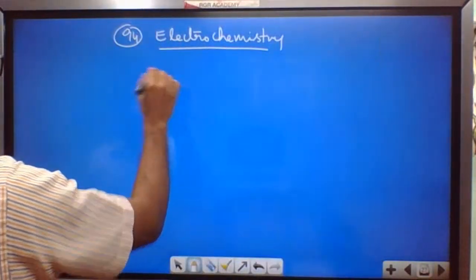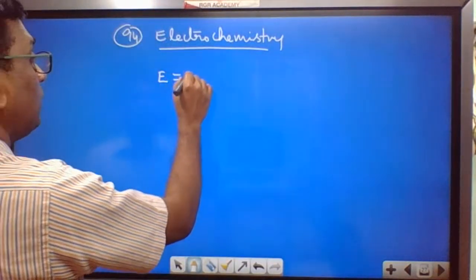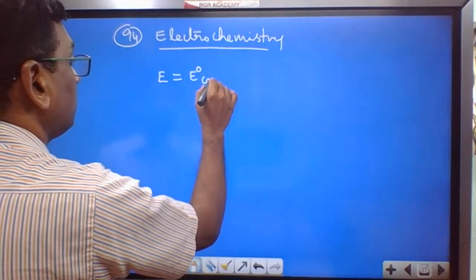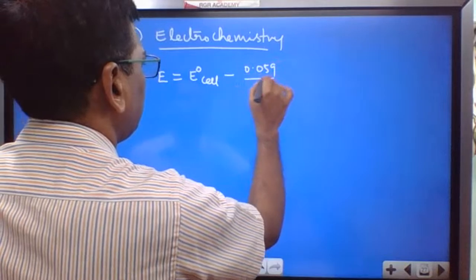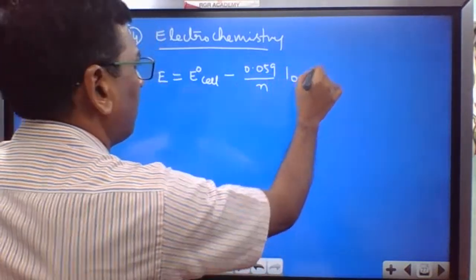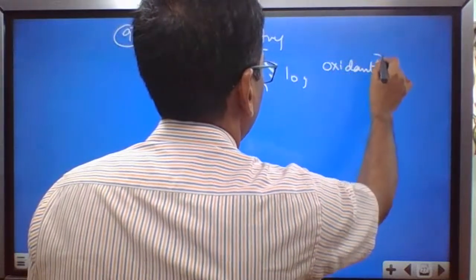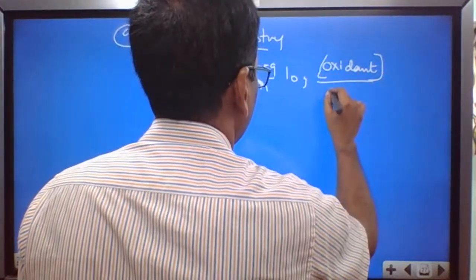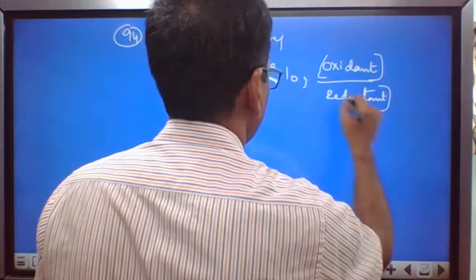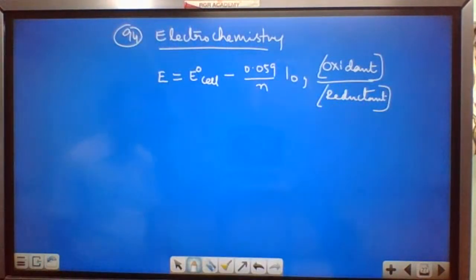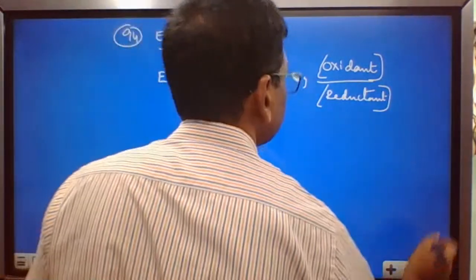Already they gave 2 questions in electrochemistry. This is the third question. E is equal to E naught cell minus 0.059 by n log oxidant divided by reductant.